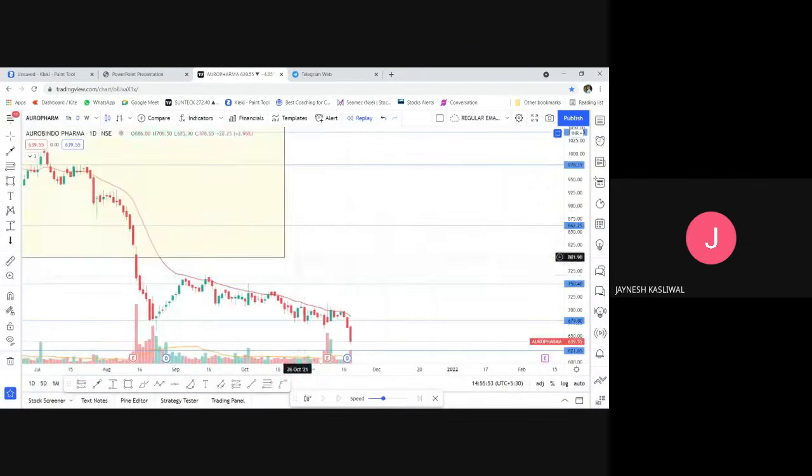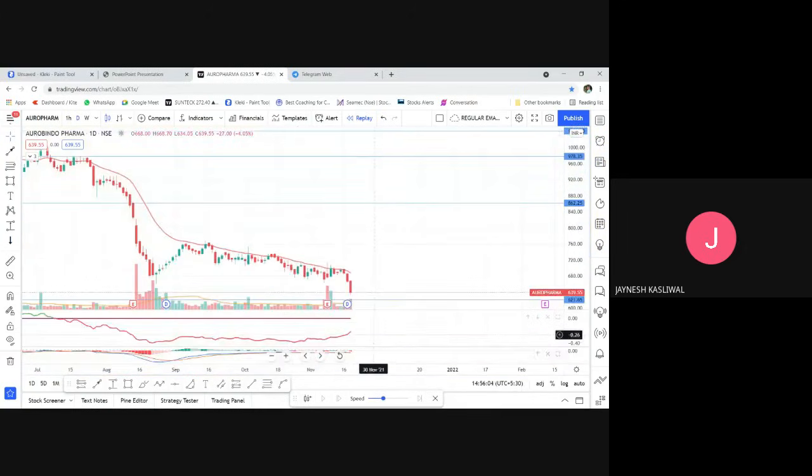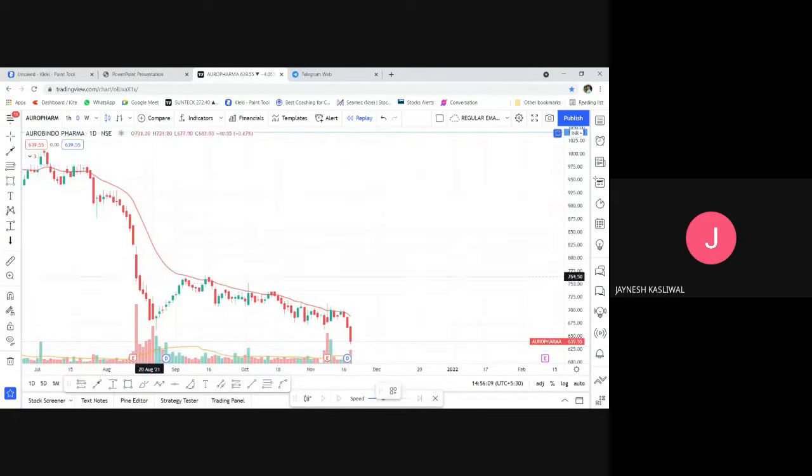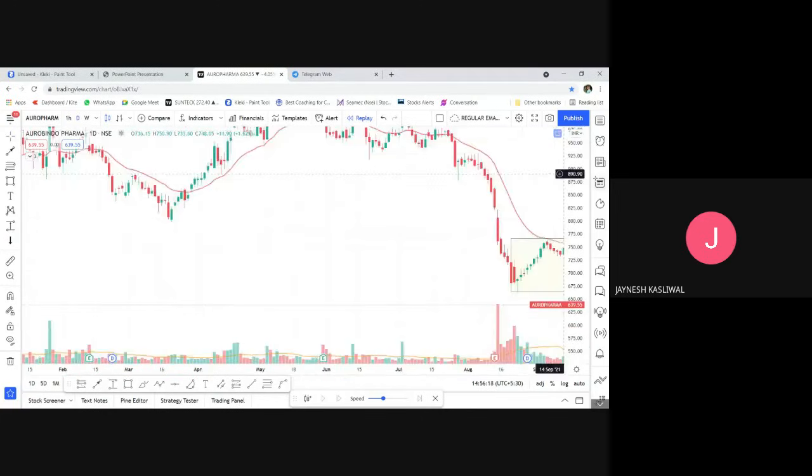Now this is a chart of Aurobindo Pharma. The stock is in a clear downtrend. If I make one consolidation area, I will make this. No, is this a proper example?